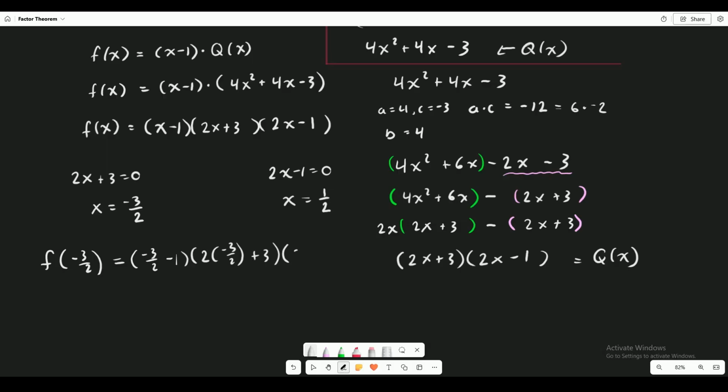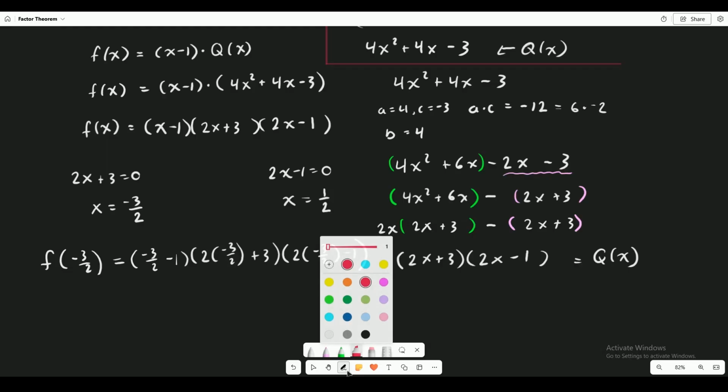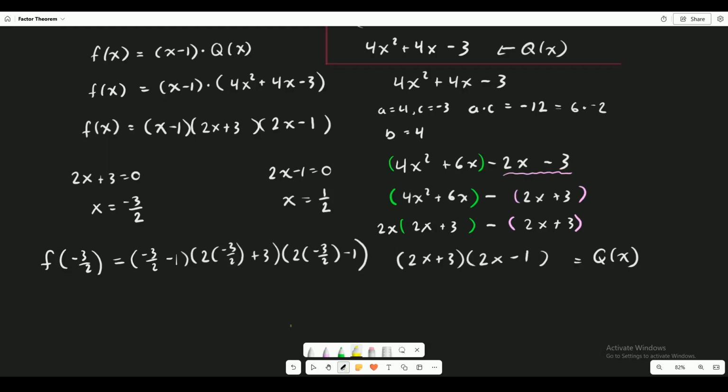Like that. Okay? Let me... Oh, that didn't work. The factors are right here. So here's the first one, x minus 1. Here's the next one, 2x plus 3. And here's the last one, 2x minus 1. Cool, cool, cool.